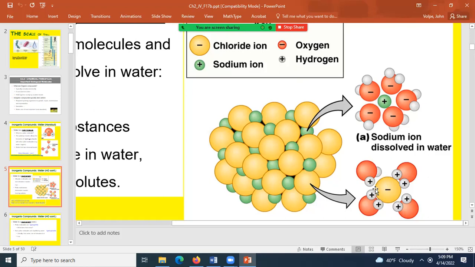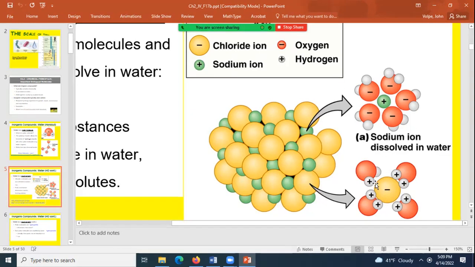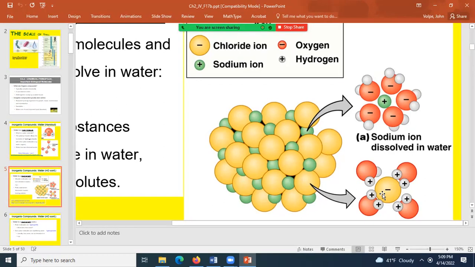And then for the negative chloride ion, the opposite end of the water molecule will face the negative charge, meaning the positive hydrogens will orient so that they're surrounding the negative chloride ion. And that is why ions dissolve in water.